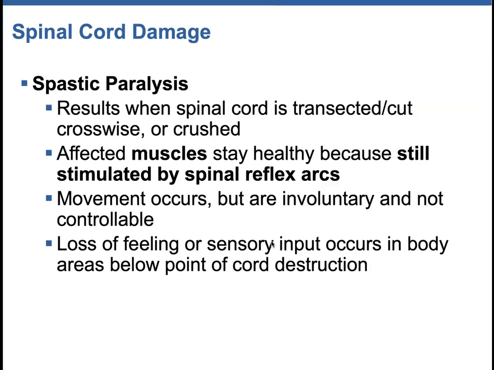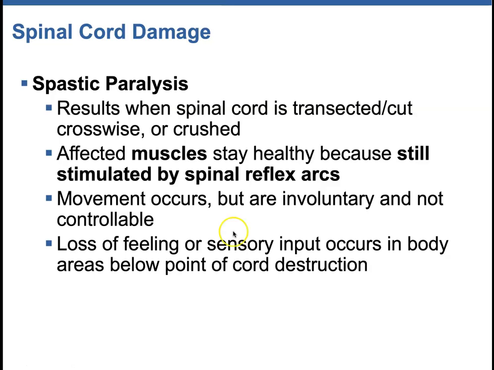When you have what's called spastic paralysis, what this means is that the muscles themselves are still functional because they function through a reflex, right? A spasm. But what occurs is that the actual signal that is going from the connection from the brain to that portion is affected. And so now we have an injury that is impacting the ability for the signal to go to that muscle itself, but we have these reflex arcs that can take place that are just passing through that portion of the cord.